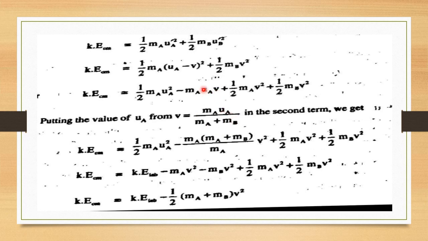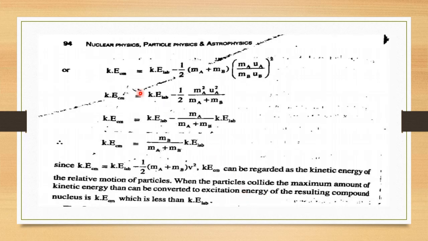You get the final equation: kinetic energy center of mass is equal to kinetic energy lab minus MA V square minus MB V square plus half MA V square plus half MB V square, or kinetic energy lab minus half into (MA plus MB) into V square. So we can finally get the result as kinetic energy center of mass is equal to MB by (MA plus MB) times kinetic energy lab. These are the equations connecting the kinetic energy of the lab system and the kinetic energy of the center of mass system.